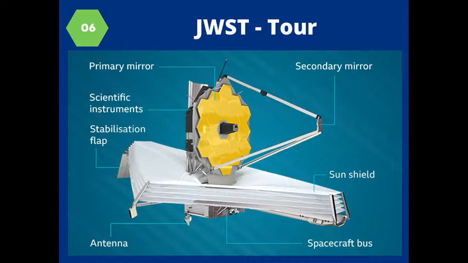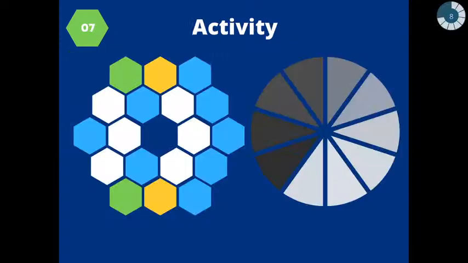And we have an antenna here. This antenna will transmit all these signals. Whatever scientific information is recorded here will be transmitted through this antenna to here. So today we are going to receive one such signal, the first image. Next slide.